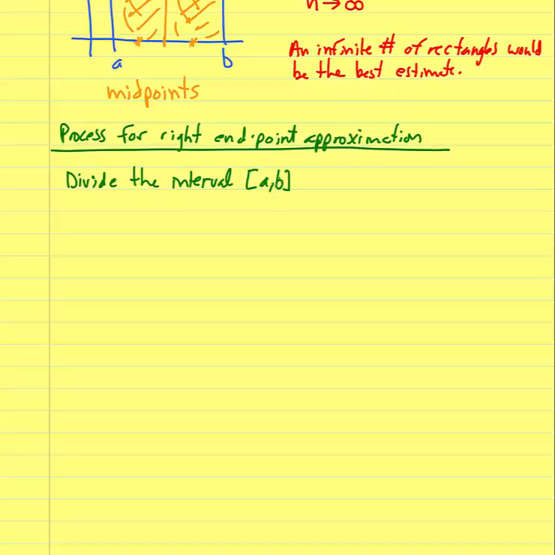Divide the interval a to b into n. Now remember, n is the number of rectangles, and I'm going to use a cap N here to be consistent with the formula. So into N subintervals of equal width. Now this idea of equal width is important. We will get into non-equal width in another section, but we're going to start with equal width.